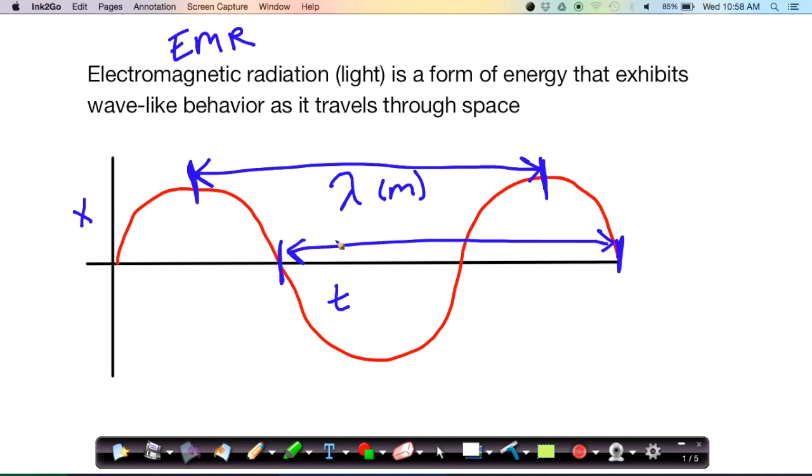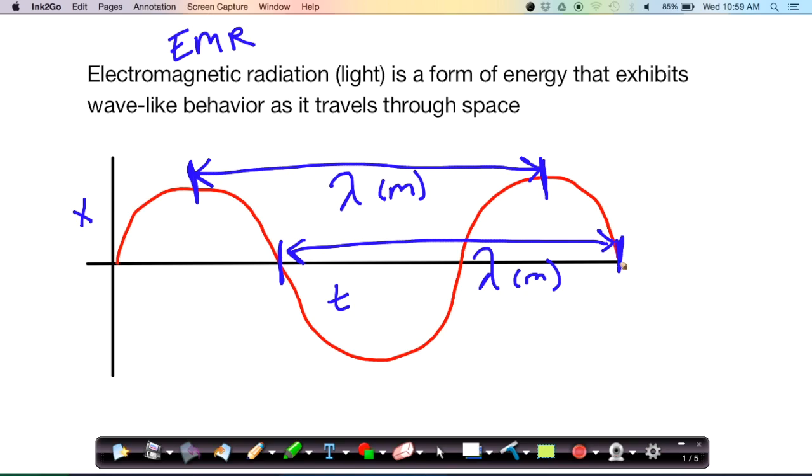This would be the exact same measured wavelength as what we saw when we looked at the distance between the successive peaks, assuming the wavelength of the wave is constant. So wavelength measured in meters or nanometers or any other unit of measurement of length is going to be a characteristic of waves, including light, electromagnetic radiation, that we will quantify.